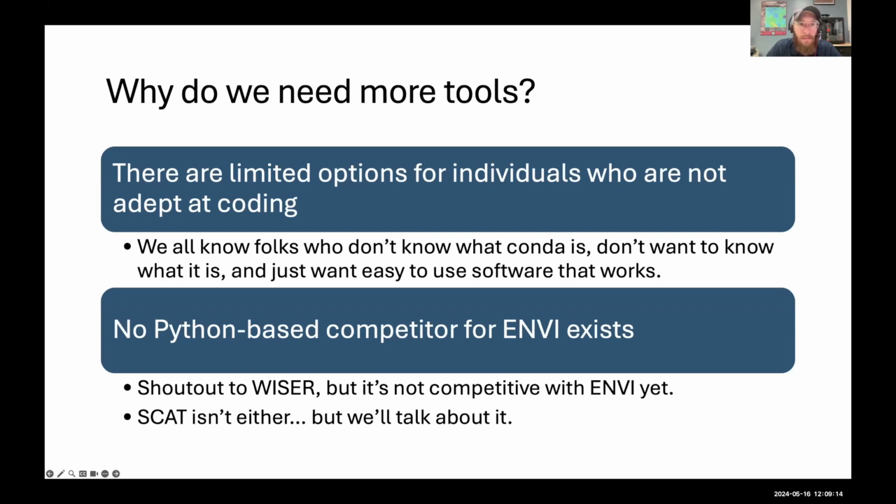This brings me to the point that there's no Python-based competitor to ENVI out there, not really. Shout out to WISER, but I would say it's not competitive with ENVI, at least not yet. And the Spectral Cube Analysis tool is not either, but we'll talk more about what it can do and hopefully where I want to take it.